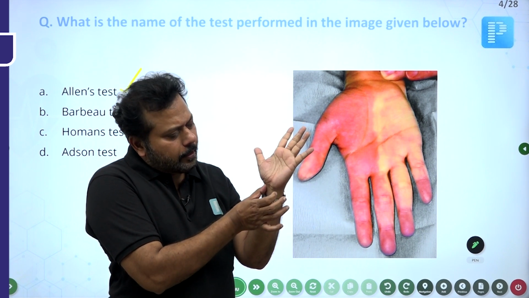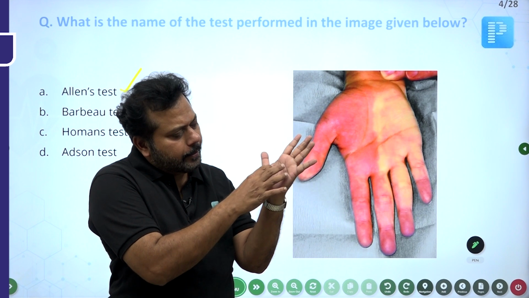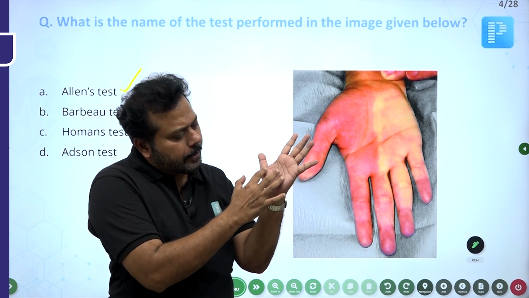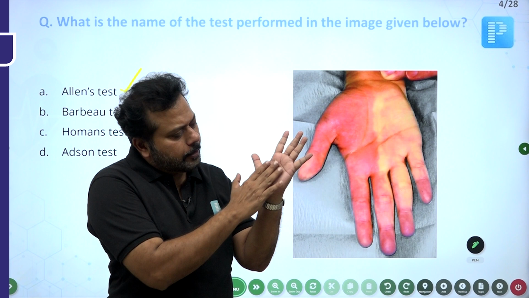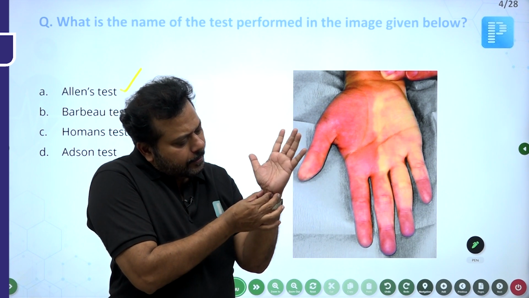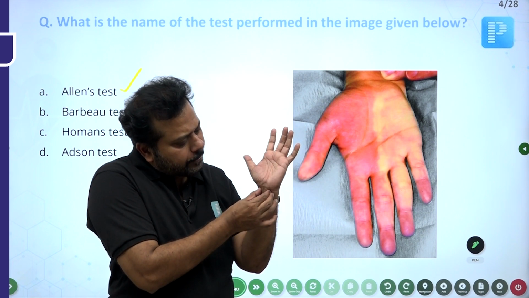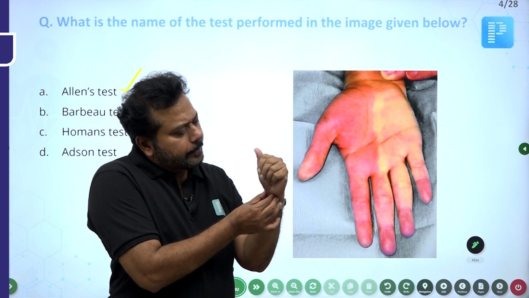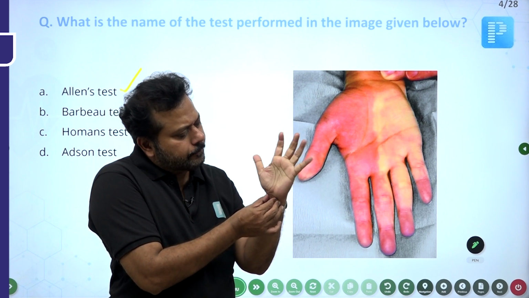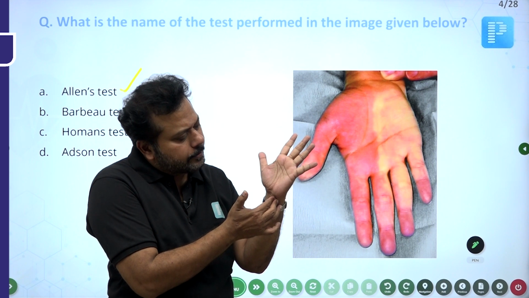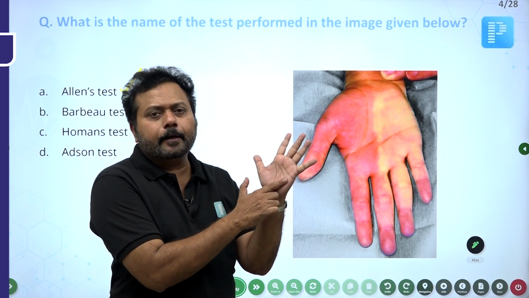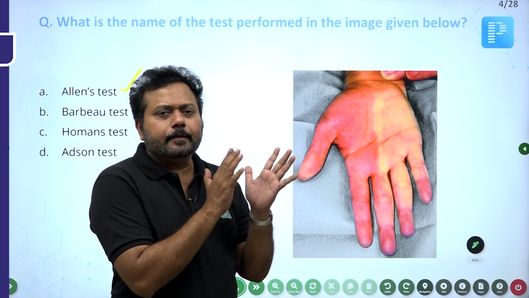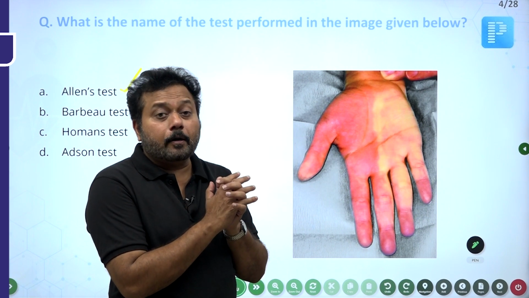When you release the ulnar artery, there will be capillary refilling, and you will see the pinkish plethora of the hand. Again, compress both the radial artery and ulnar artery, close the fist for 10 times, and release the radial artery this time. Again, there should be capillary refilling. This says that the deep palmar arch is patent.